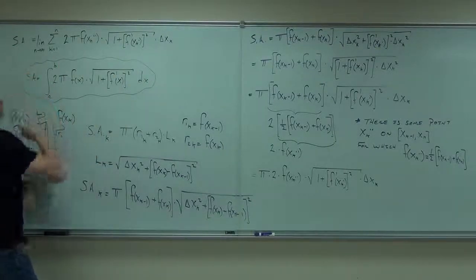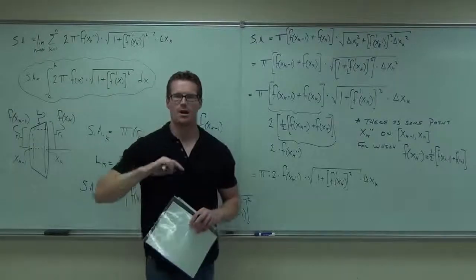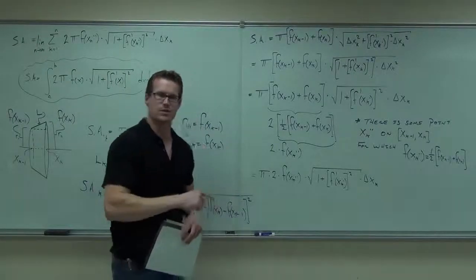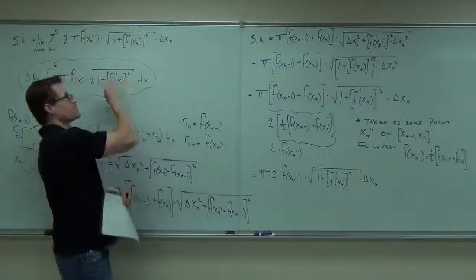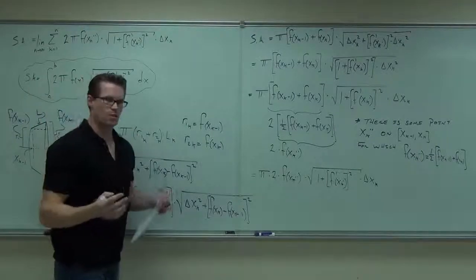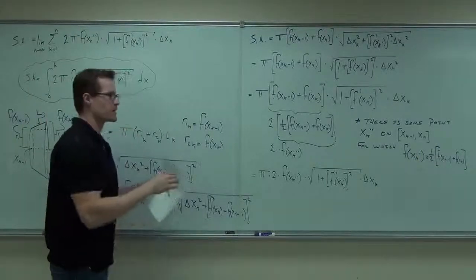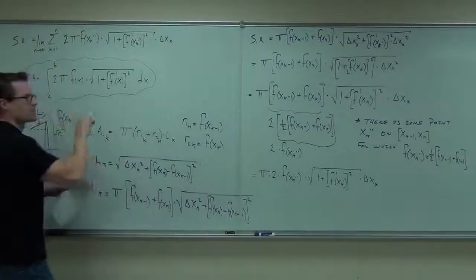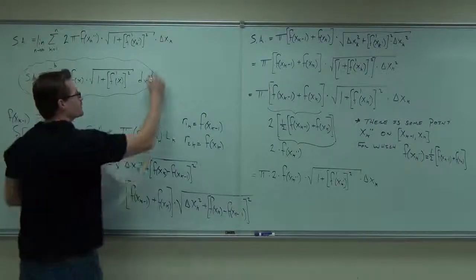This is how you find the surface area of revolution about the x-axis. Notice it's in terms of x, just like the disc and washer, just like the length of a curve, x.